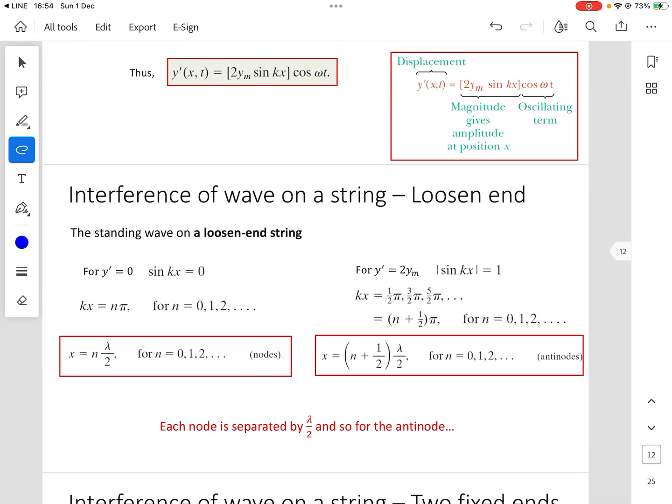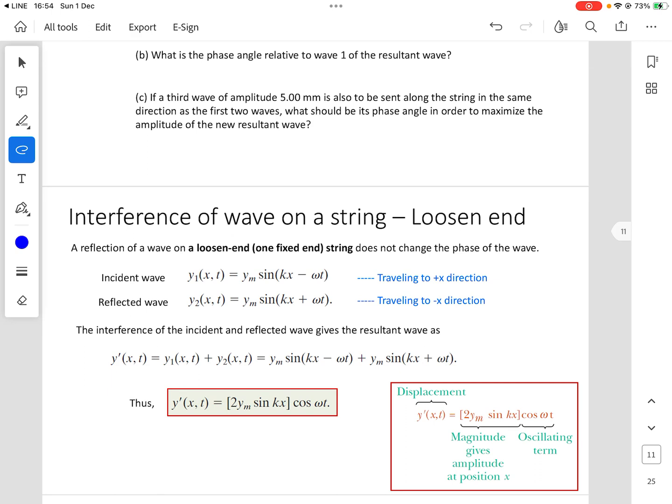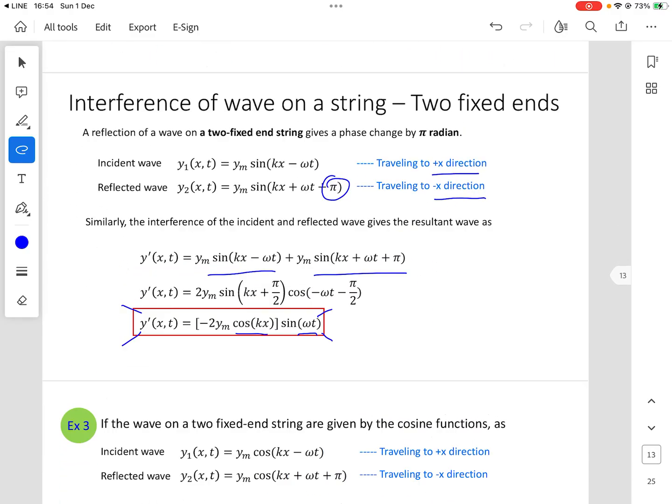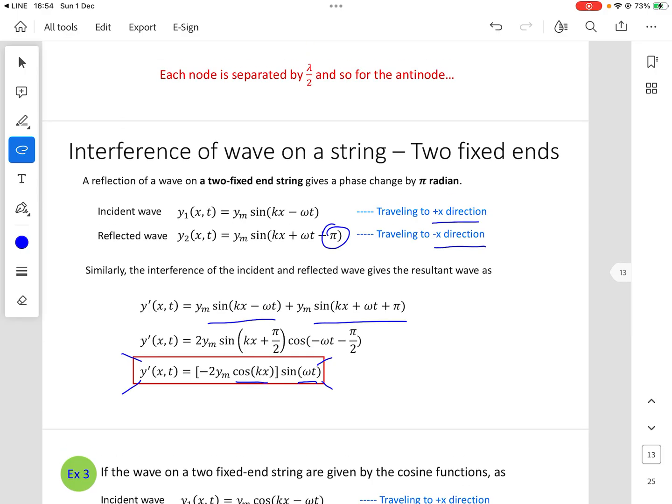When you compare with the previous case, like I mentioned, sine and cosine are the same things, only with some phase difference. So for the loose end and fixed end you get a similar thing. Actually you can say it's the same thing with some phase difference. Okay, that's the conclusion I want to make.